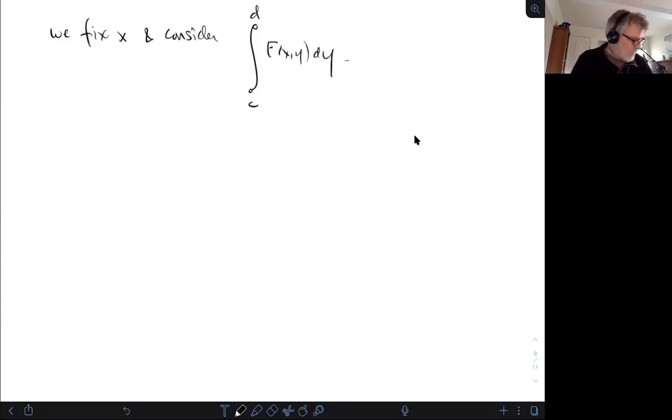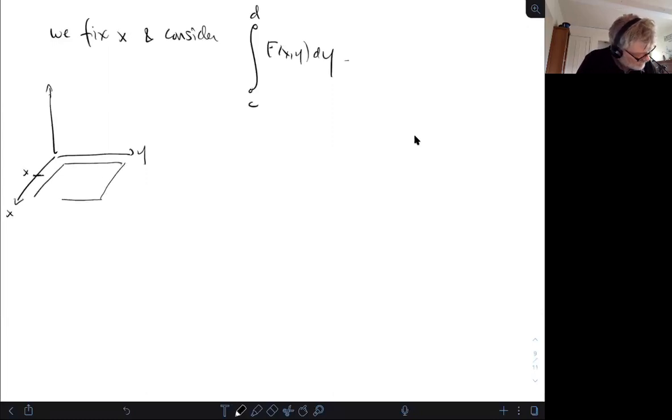So maybe I should redraw this. X, y. So I'm going to fix a value of x like that. I have my rectangle like this. I have my curve G1. I have my curve G2.